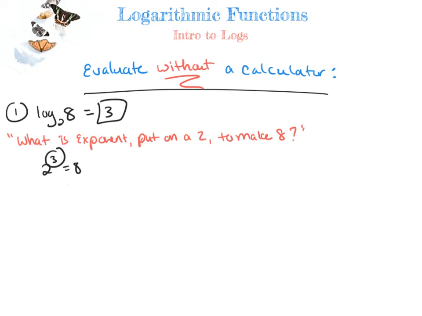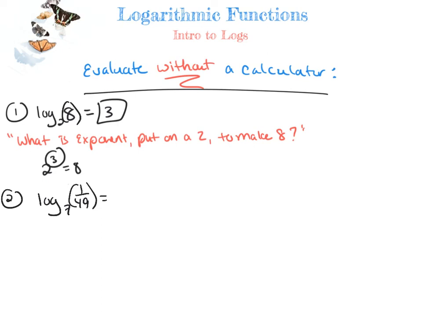Okay, let's do another one. Let's do log base 7 of 1 over 49. Now I'm going to put those parentheses in there just for the sake of showing what's on the inside, but you can put parentheses around the inside of the log or not in these problems.